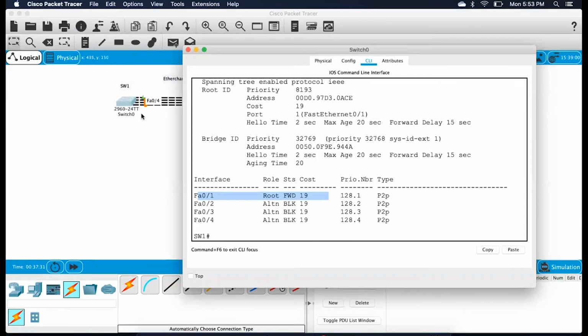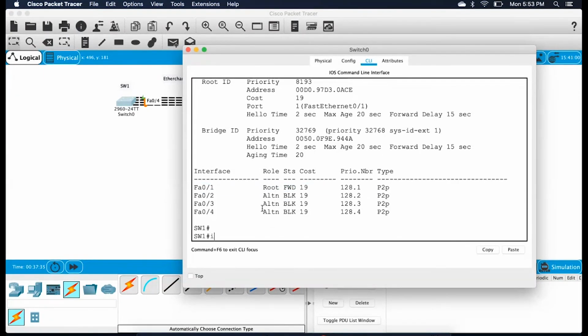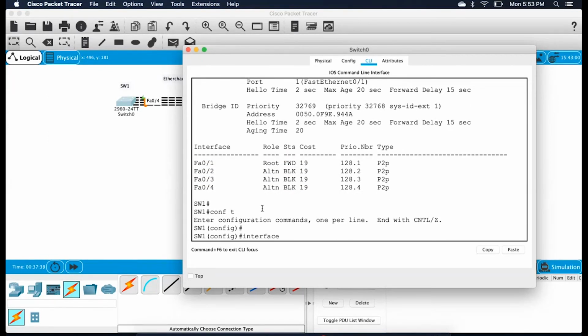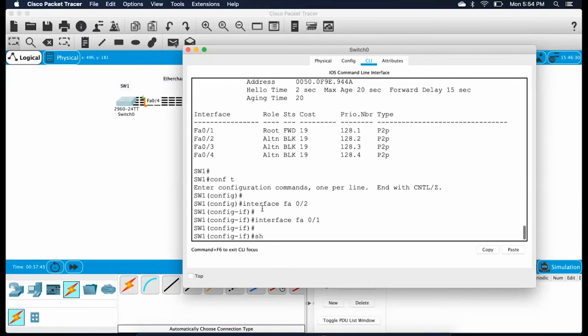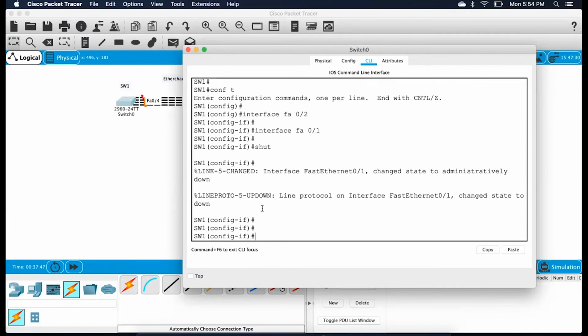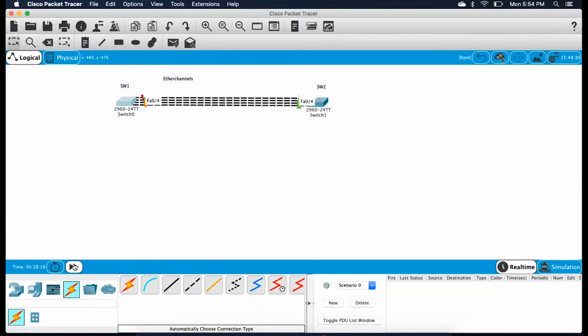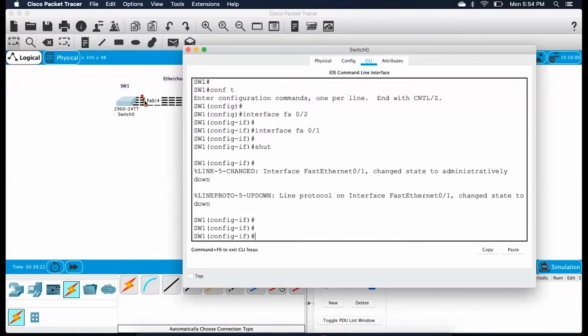What will happen to the other 3 links if the primary goes down? So let's go to conf t and say interface FA0/1 and say shutdown. So the primary link went down, and then if you see after some time, do show spanning-tree.